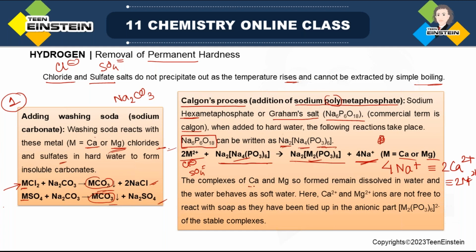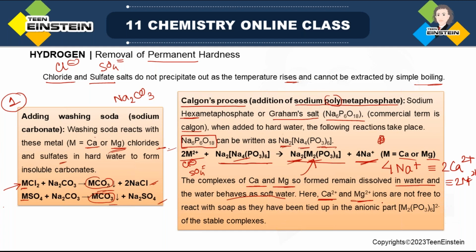So in this way, the complex of calcium or Mg that is formed will remain dissolved in water. But if you are thinking that still Ca and Mg are present, see, the water will behave as soft because these two ions are not free. They are present inside the coordination sphere. This sodium is actually free, which is outside the coordination sphere.